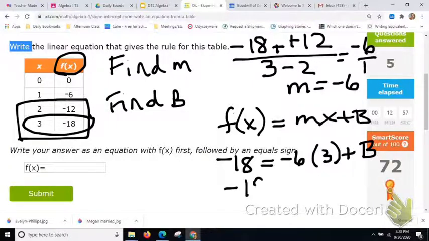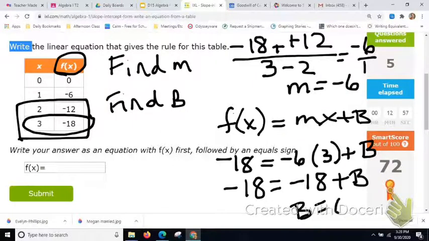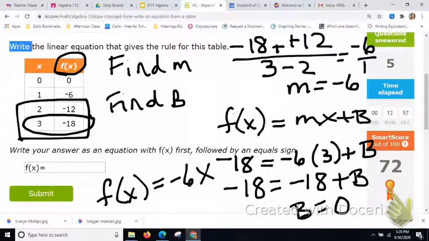Well, negative 6 times 3 is negative 18. So do I need to add anything else to it for them to be equal? No, I don't. That means my b is 0. If my b is 0, I don't have to type 0. We can just type f of x is equal to negative 6x.